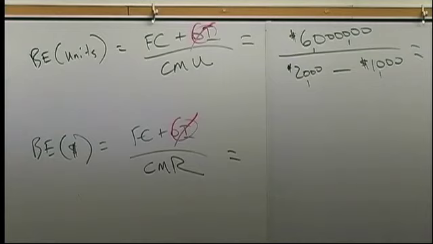To break even. Precisely correct. Stone Monument Company has to sell 6,000 units in order to break even. That's a useful piece of information, is it not? It's a goal, if nothing else.